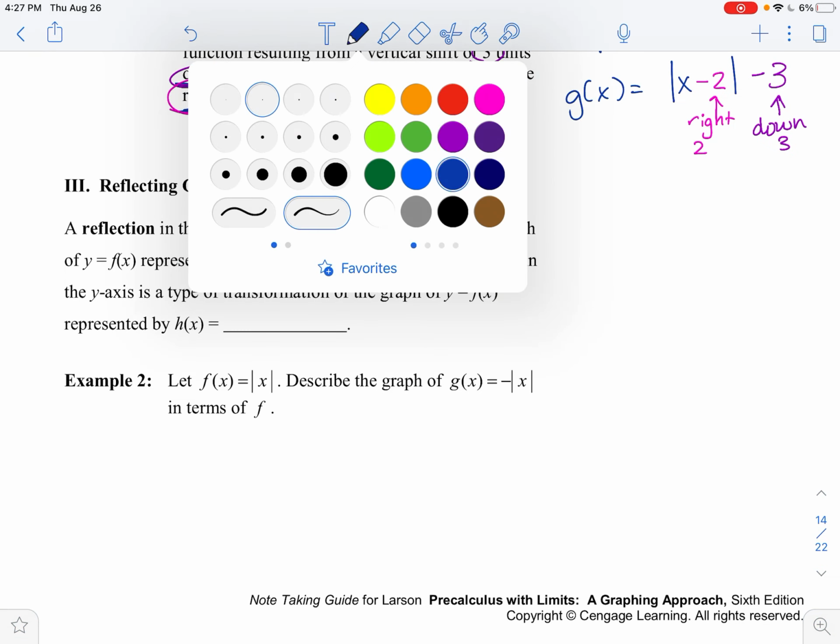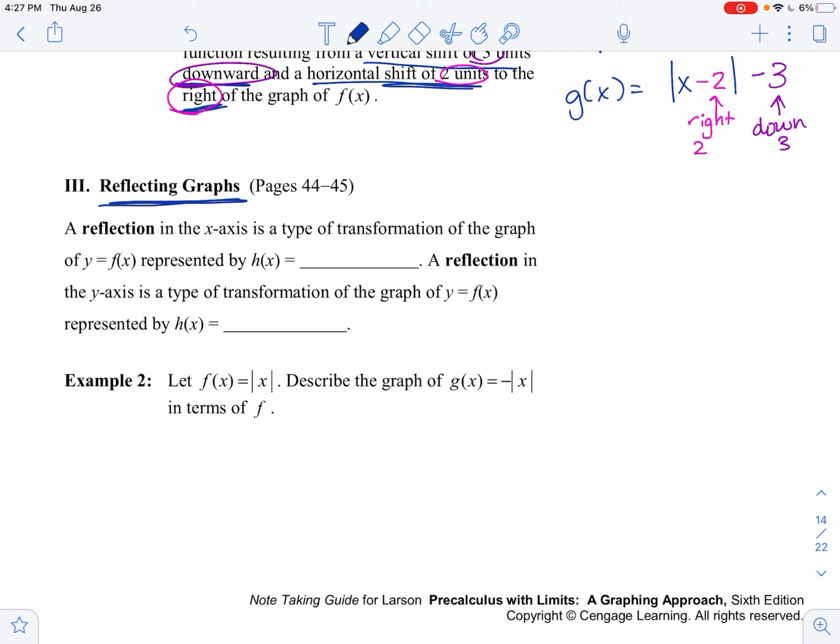Let's talk about what a reflection is. So reflecting a graph, let's say, for example, you have a parabola that looks like that. If I were to reflect it over the x-axis, it would be the mirror image over this line. A reflection in the x-axis is a type of transformation, and it's represented by the negative times the function f of x.